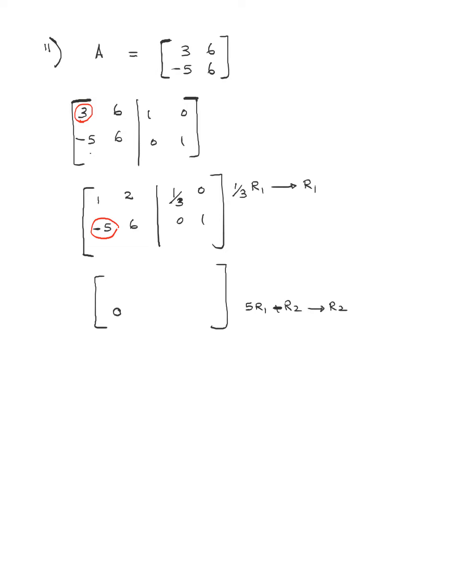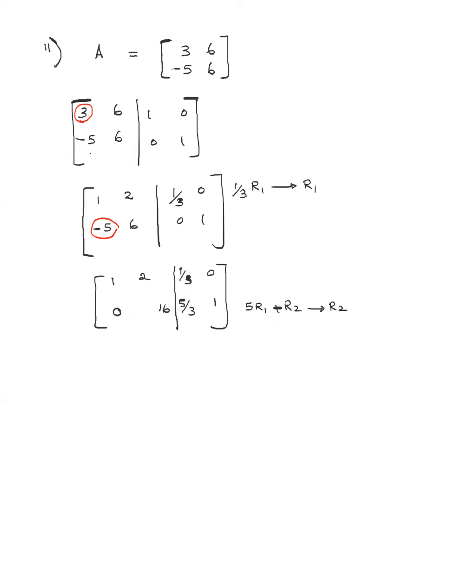Then 2 times 5 is 10, and 10 plus 6 is 16. Row 1 doesn't change. Multiplying this by 5, 1/3 times 5 is 5/3 plus 0 is 5/3. And 0 times 5 is 0 plus 1 is just 1.